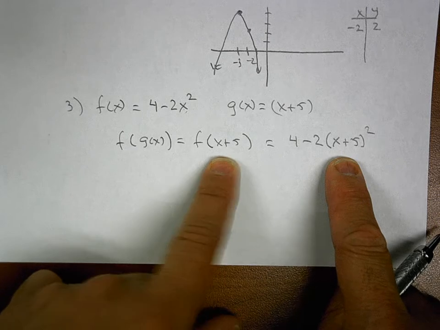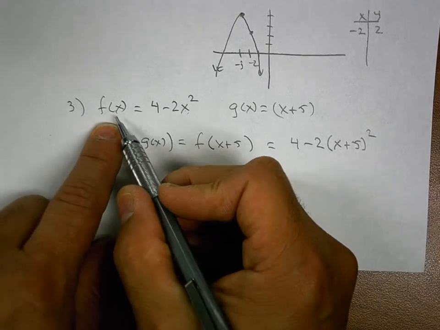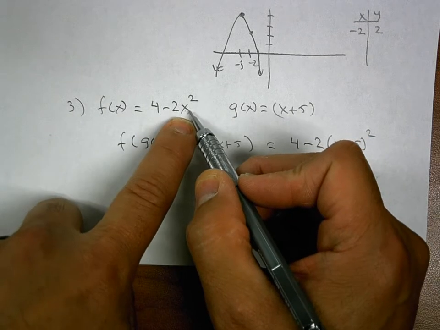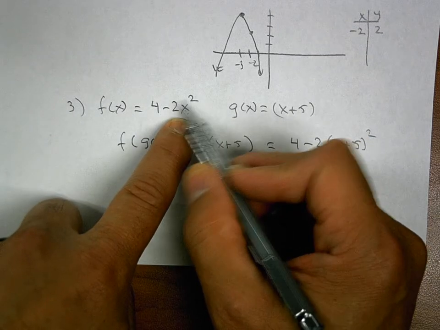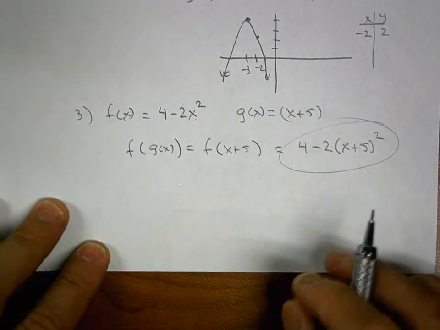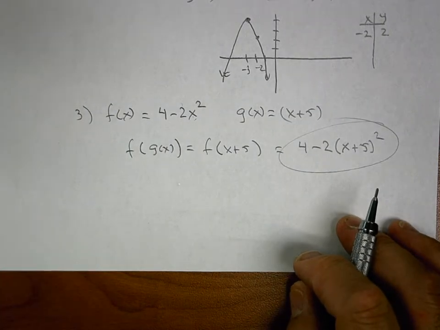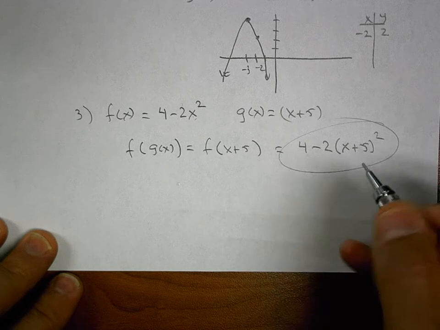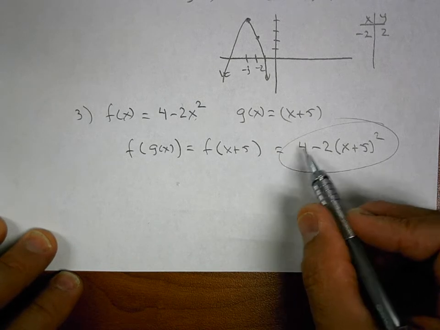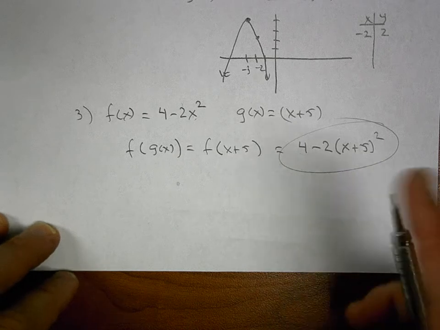Just like if I said, what is f of 7? You'd plug 7 right in for x. 7 squared is 49, and so on. Okay, so then we want to graph this. You can leave it like this, but before I do that, can I subtract?